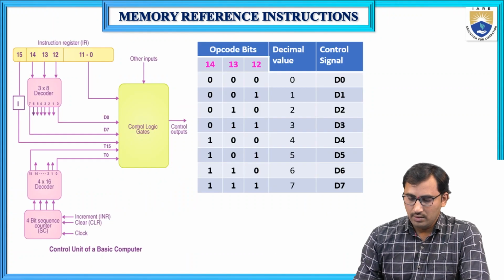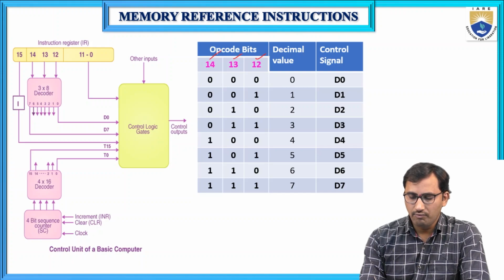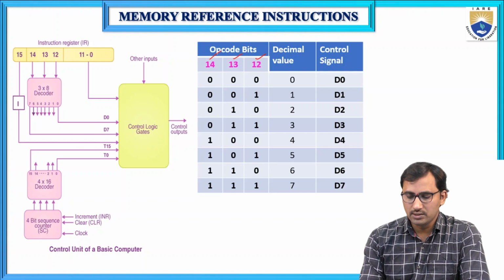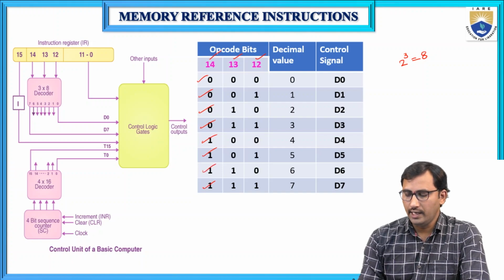Here the opcode bits are 12, 13, 14. Using these 3 bits, we can decode 2 power 3 combinations, that means 8 combinations: 000, 001, 010, 011, 100, 101, 110, 111. In total we have 8 values, from 0 to 7.